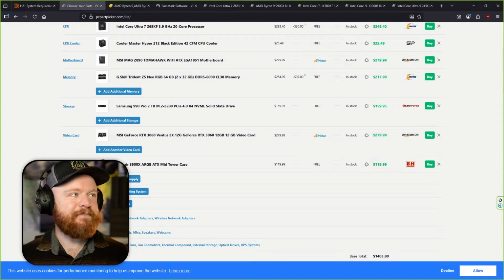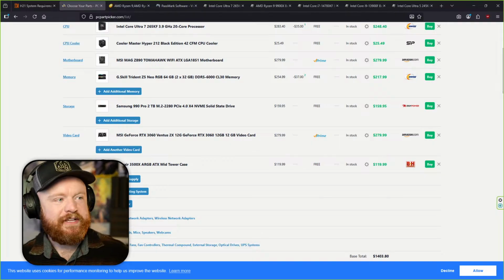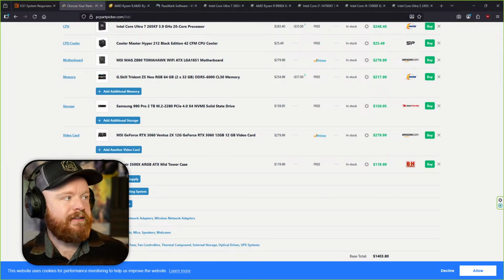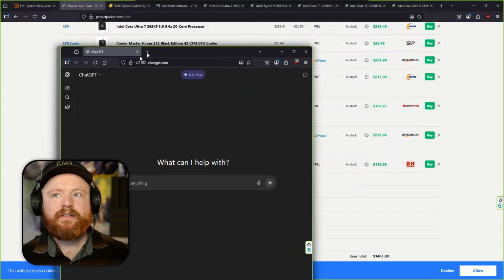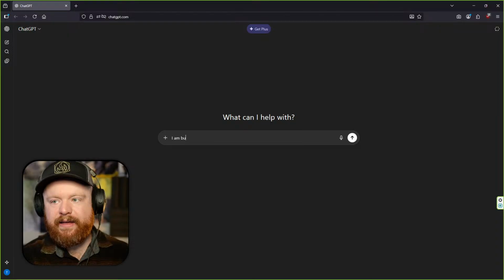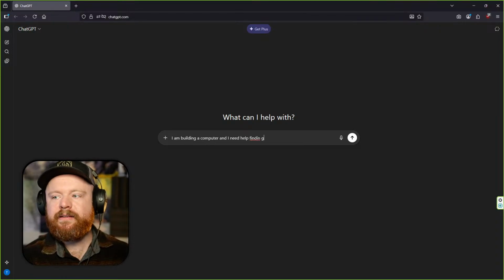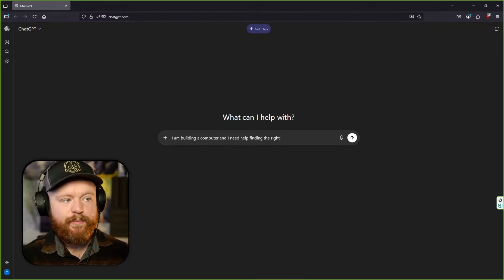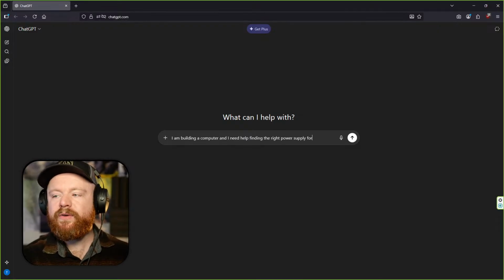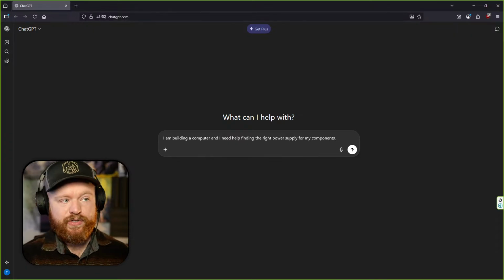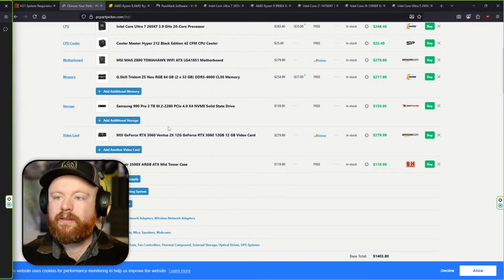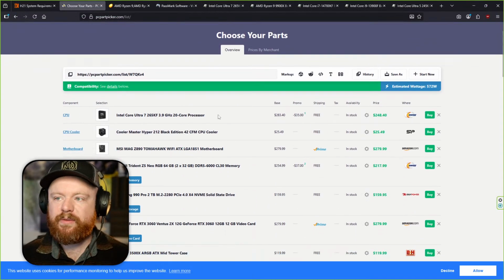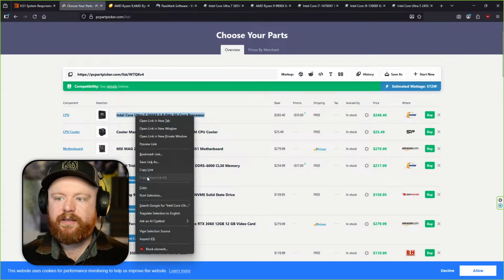So as an example, if I go to chatgpt.com real quick, you could say, I am building a computer and I need help finding the right power supply for my components. And then you list out all of your different components. So, we can go through here and just copy and paste. So I'll just copy that.